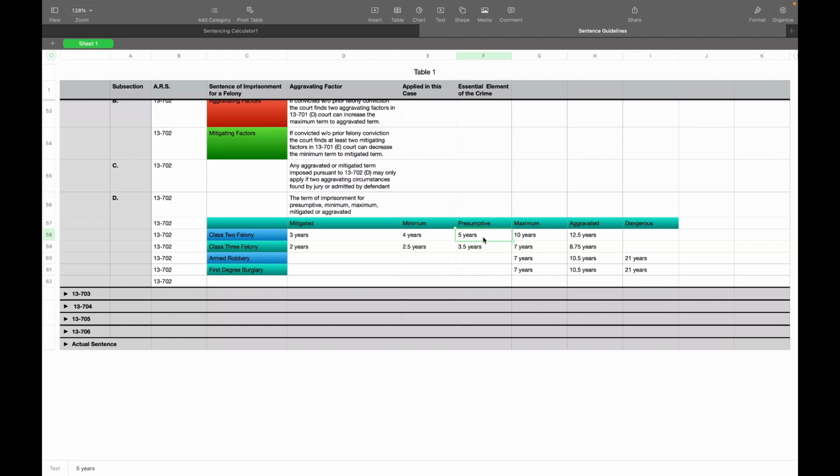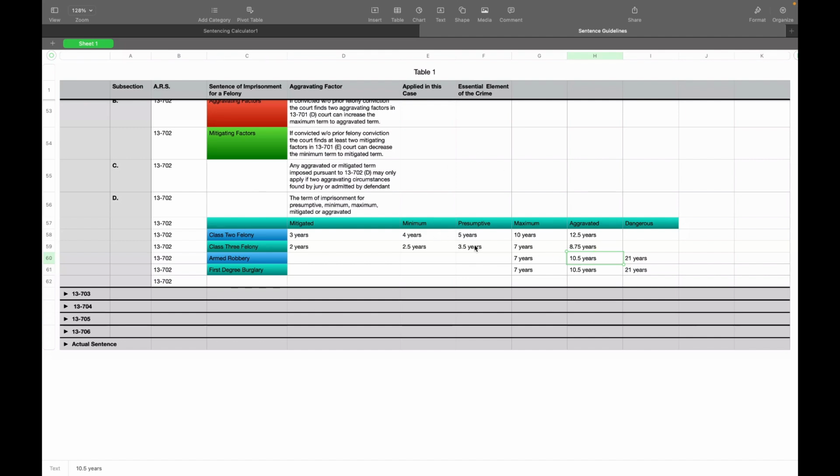But if the offense is an armed robbery and is considered a dangerous offense, then the presumptive sentence will begin at a 10.5 if the judge has not found any mitigated or aggravated at the penalty phase of the hearing, or if the jury did not find.